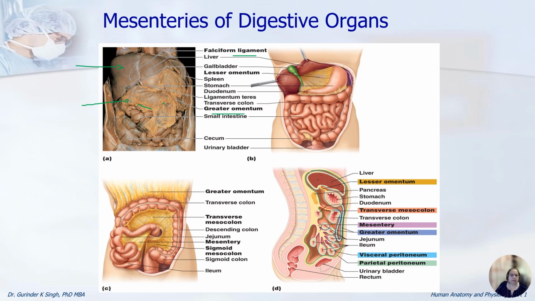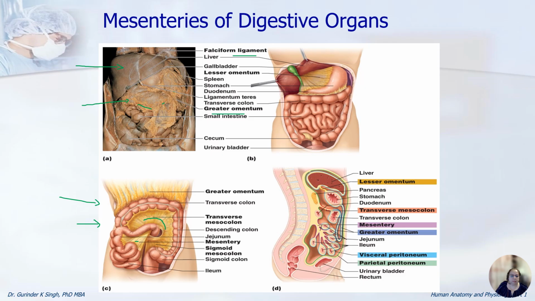And then when you flip it backwards, so in this picture we have flipped it backwards to look underneath. What is hiding underneath is actually the small intestine. And then if you remove the small intestine too, which has been removed here, you see another membrane structure which holds the large intestine together. Okay, so now the different regions of this membrane-like structure, which we call mesentery, a kind of peritoneum, have different names.